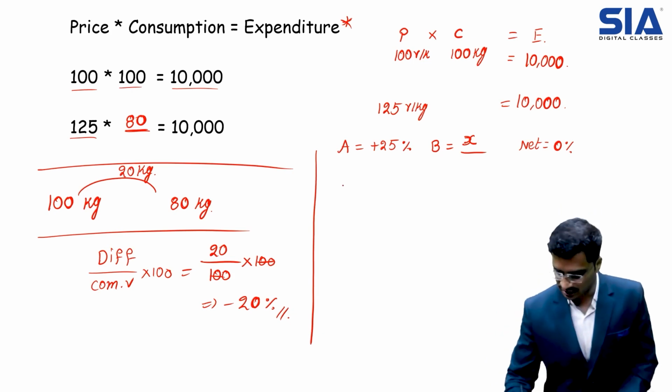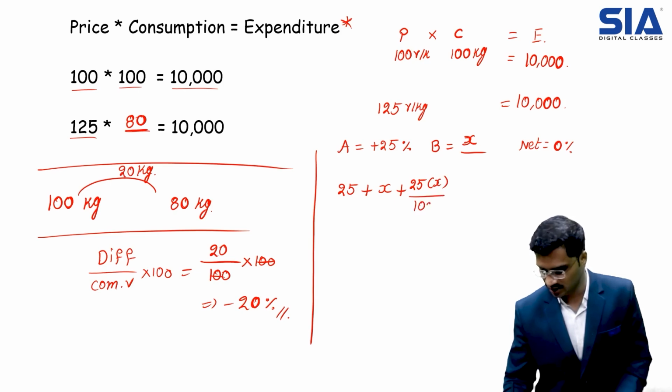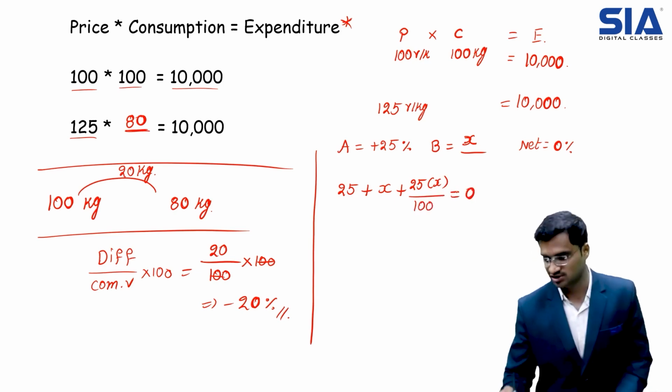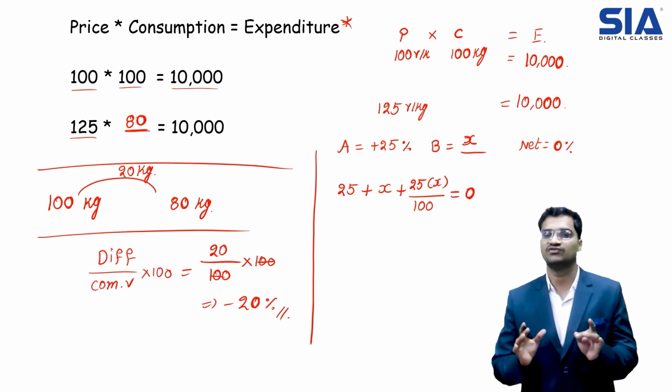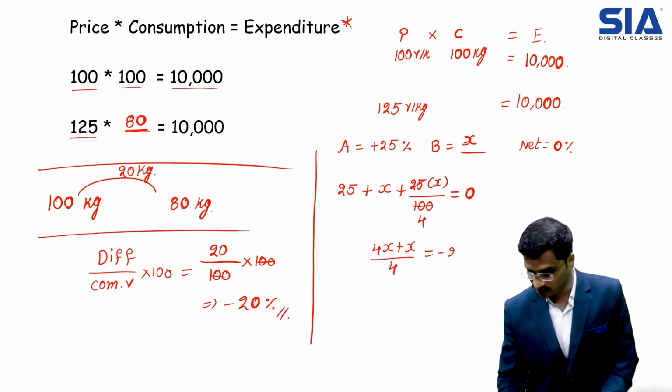Let us substitute in the AB rule, which says A plus B plus AB by 100: 25 plus x plus 25 into x by 100 is equal to 0. I have to get a net effect of 0. So 25 ones are 25, fours are. I can write 4x plus x by 4 is equal to minus 25.